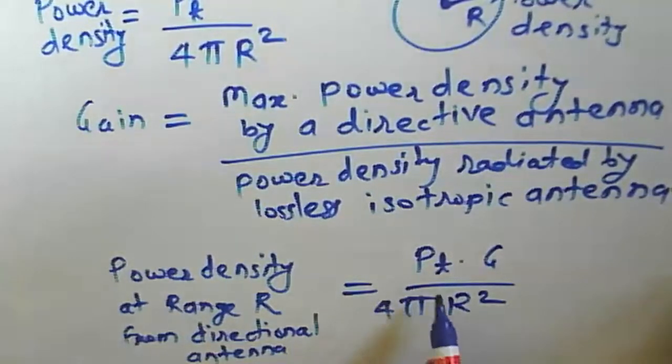For a sphere, it is 4 pi, and the range is r squared.